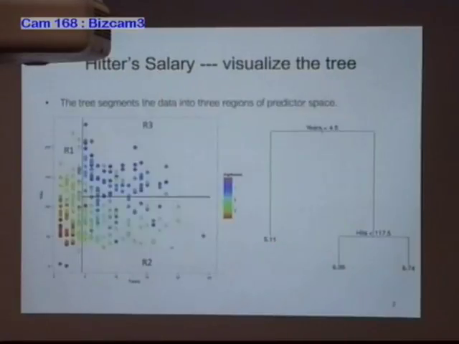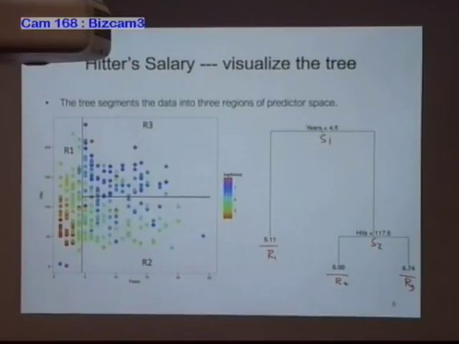So all these are determined by the tree building process. Once you have that final tree, you can map that information embedded in the tree to your original data space. The tree basically represents these things. You have R1, R2, R3, and say this is split 1, split 2.